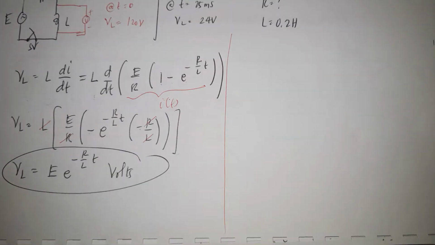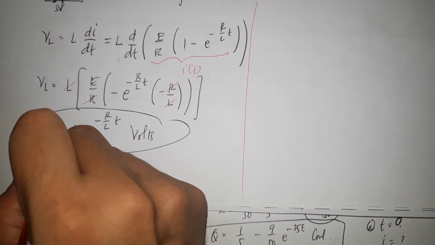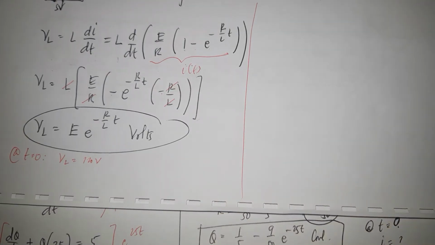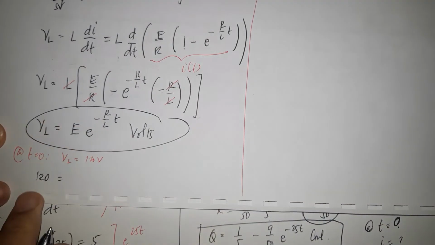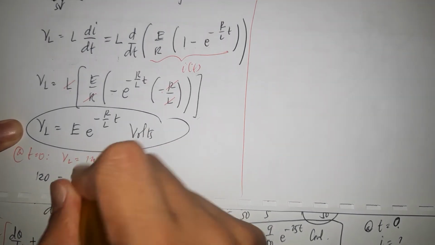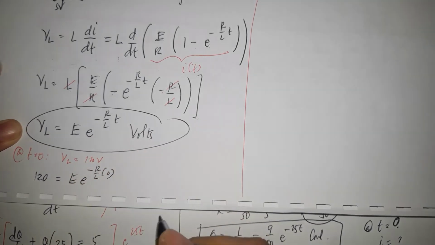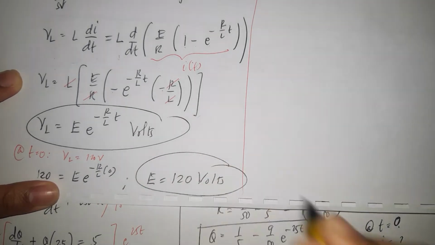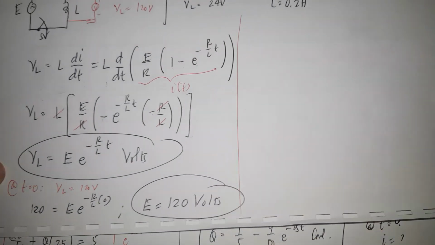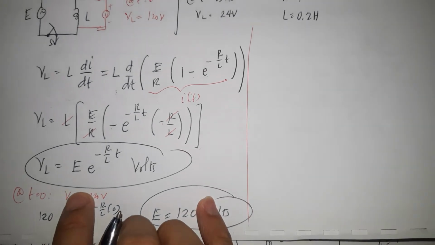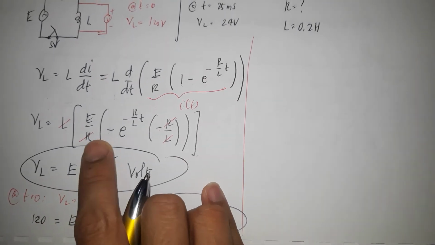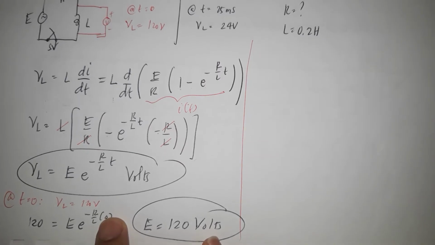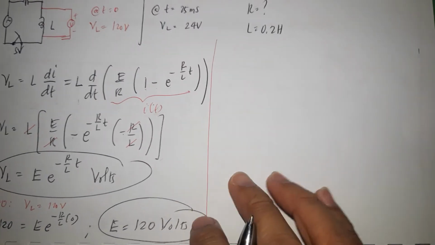So if I substitute at time t is 0, with VL equal to 120, we have VL equal to E times e to the negative R over L multiplied by 0. Therefore, E is 120 volts. Since t is 0, we have the value E, which is 120 volts.